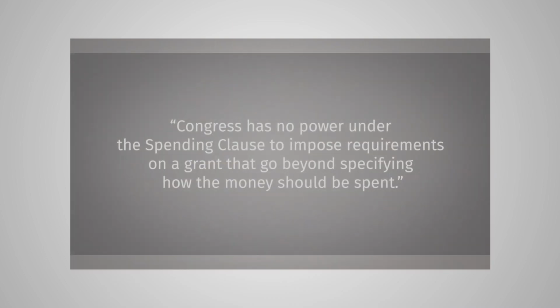Of course, federal funding needs to be conditioned on those funds being spent on the particular projects being funded and not on something else. So federal highway funding can be conditioned on the money being spent on highways. That can also say how those highways are to be built. But according to Justice O'Connor, quote, Congress has no power under the spending clause to impose requirements on a grant that go beyond specifying how the money should be spent.